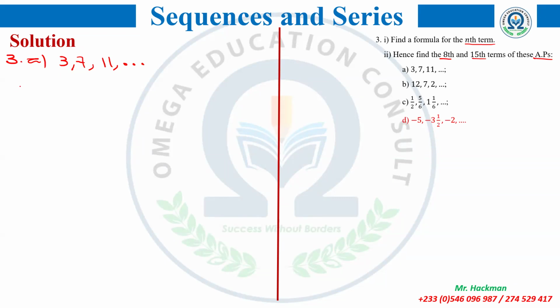Okay, now we come to I. Are we supposed to go and verify whether the sequence that we have there is an AP? Will it be necessary? If yes, why? If no, why? No, it is because it's already stated that it's an AP. Very good.